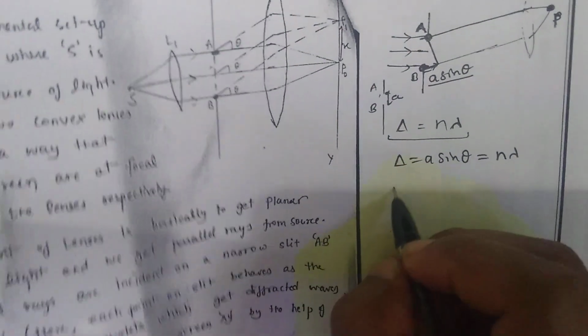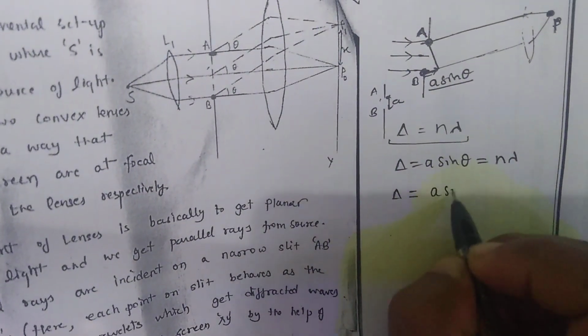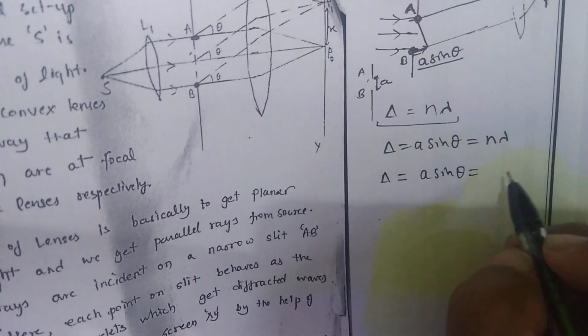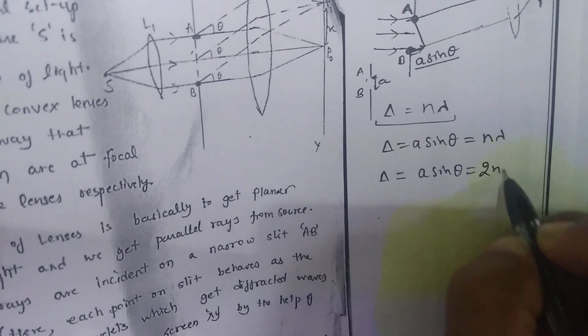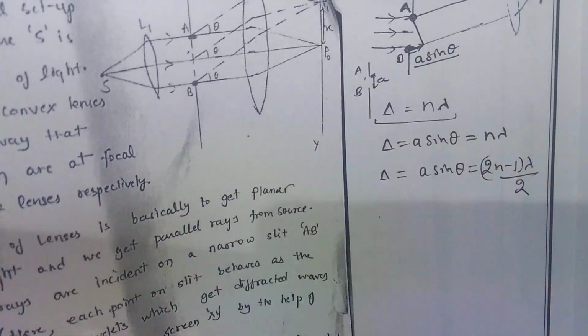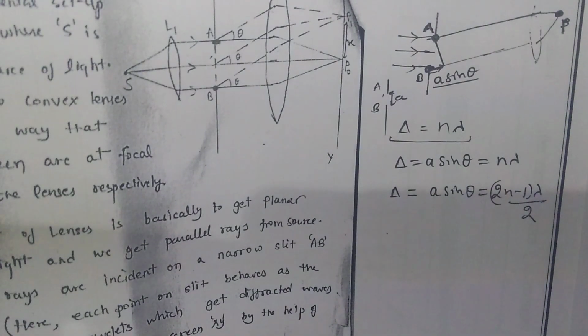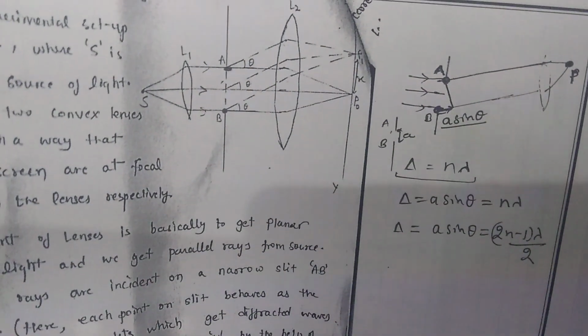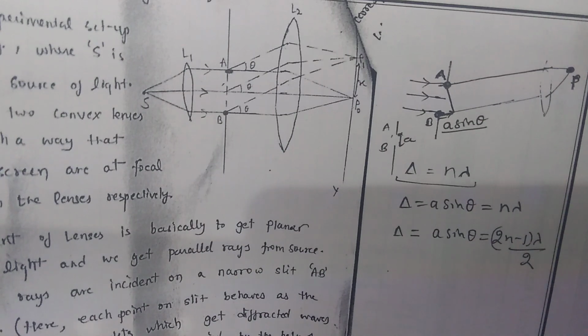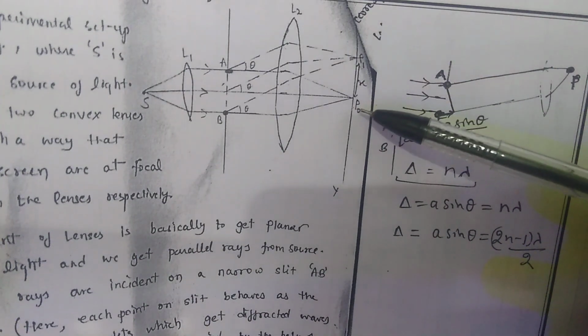And whenever this path difference is equal to an odd multiple, (2n minus 1) lambda by 2, this condition satisfies the secondary maxima, those points where we get maxima conditions along with the central maxima.